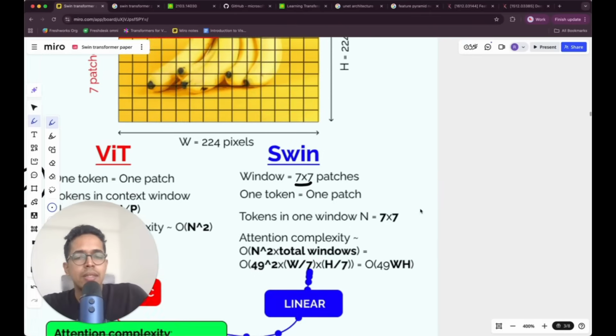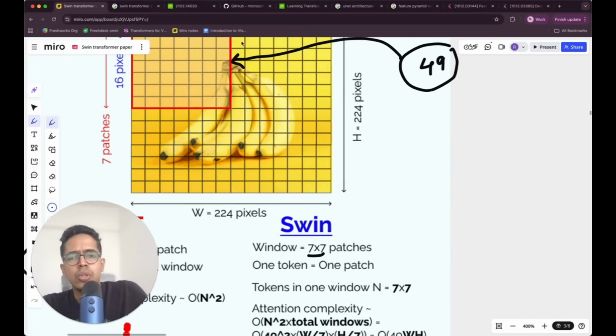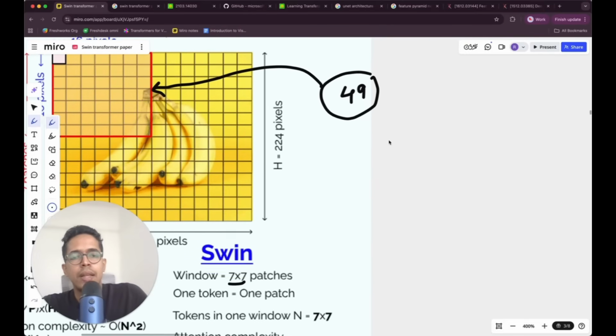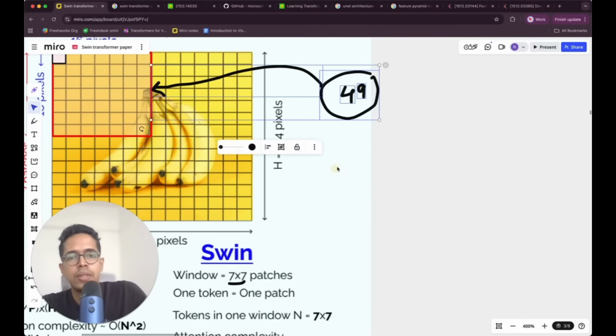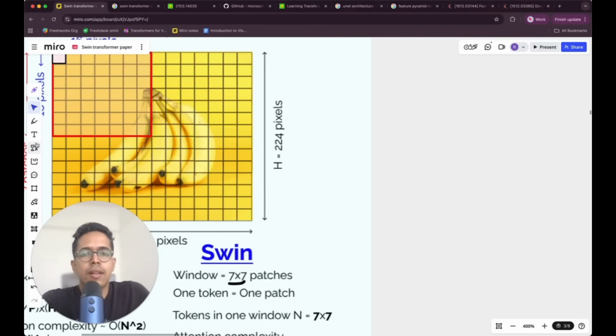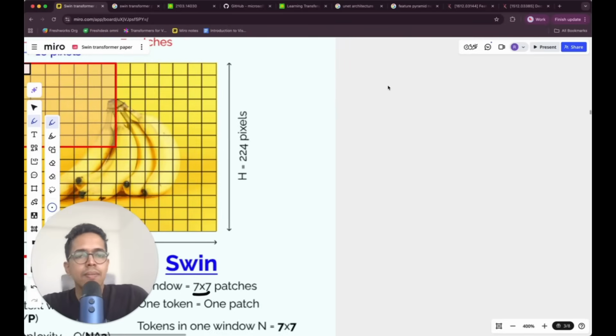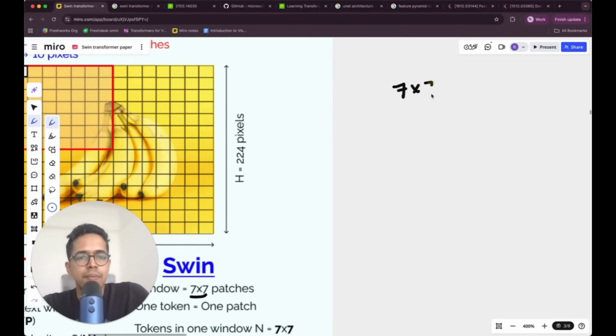So attention complexity for the whole thing will be, let's try to calculate for the whole thing. Let's say my window size is 7 by 7. Height of the image is H, width of the image is W. Now, this 7 by 7 is number of patches, not pixels.